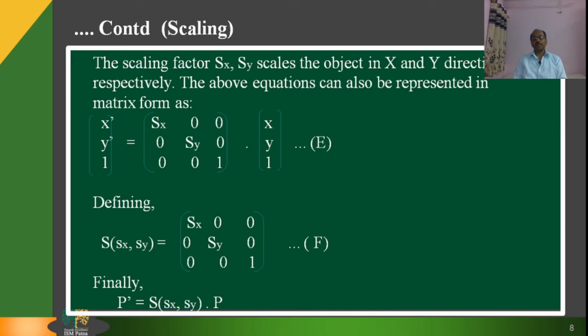If it is greater than 1, then the size of the object increases. So, with the use of these matrices, we do scaling, I mean enlarging or reducing the size of the object.